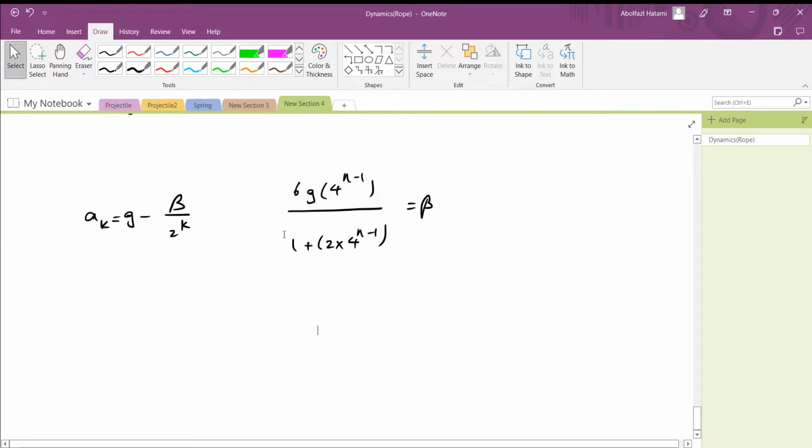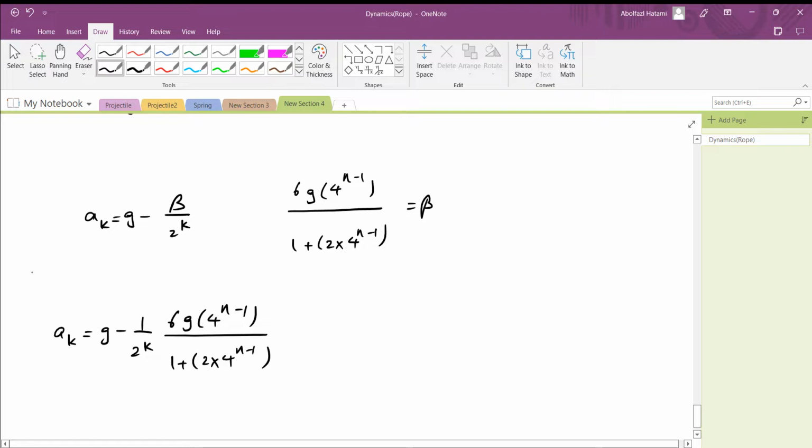If we substitute this beta in this equation, we find that ak is equal to g minus 1 over 2 to the power k times 6g times 4 to the power n minus 1, over 1 plus 2 times 4 to the power n minus 1. Because here we have n and here we don't have anything, it is constant.